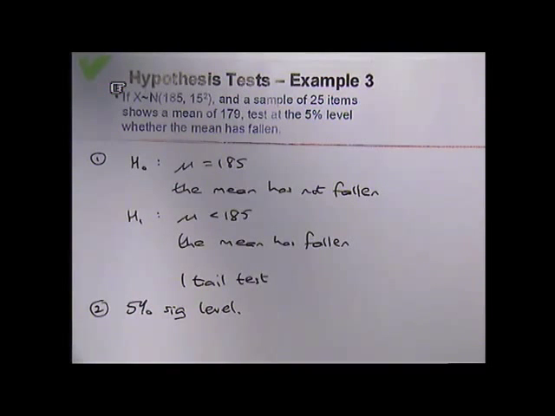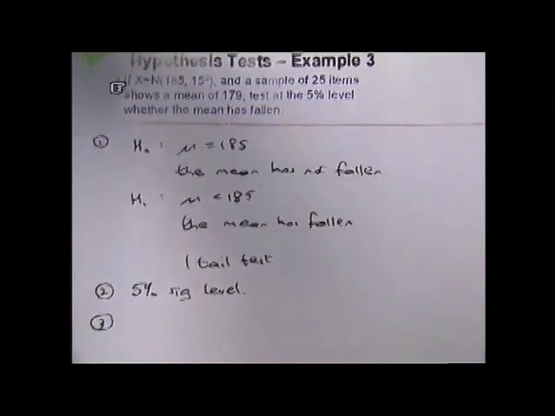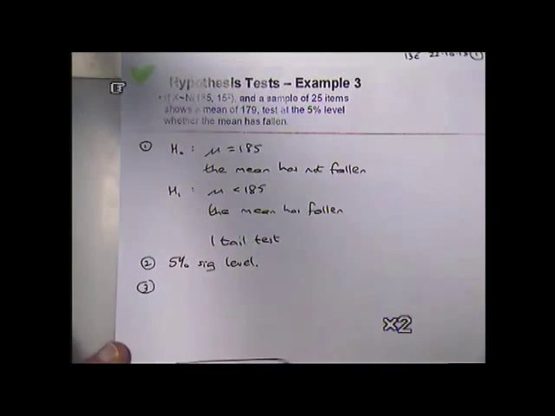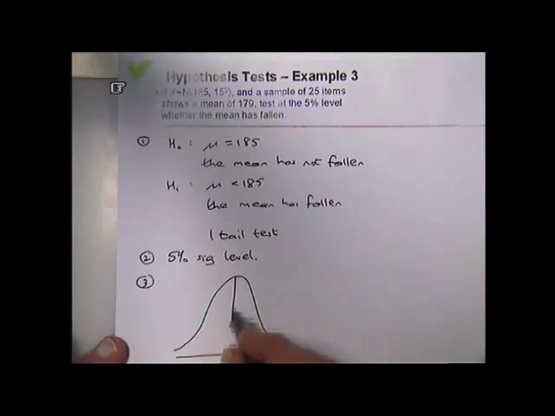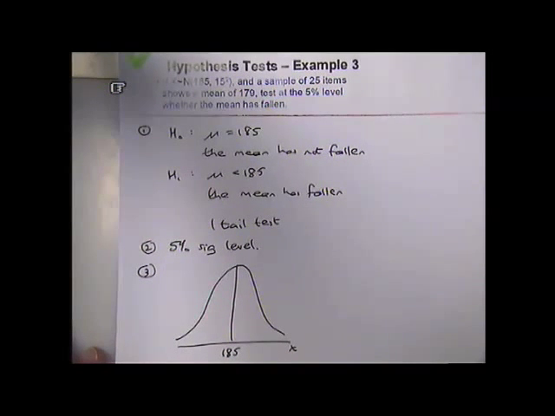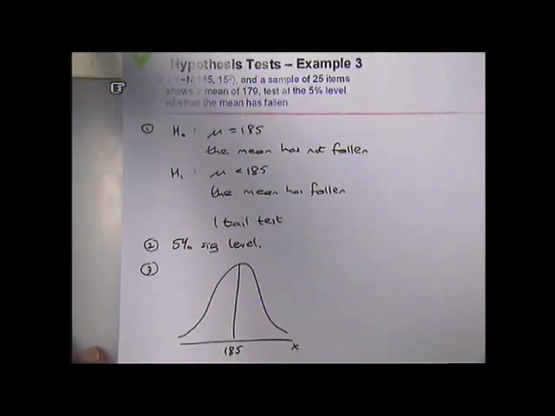Step 3, calculate a critical value and a critical region. I think this is a good point always to do a drawing. If you draw your normal curve, under the null hypothesis, our mean is 185. We're doing a 5% one-tail test that it's fallen.